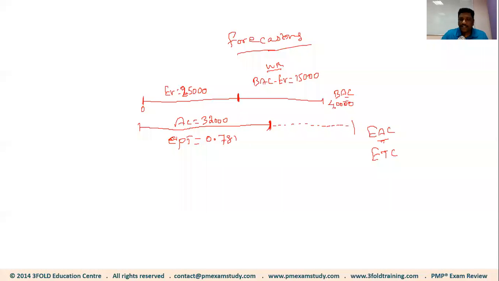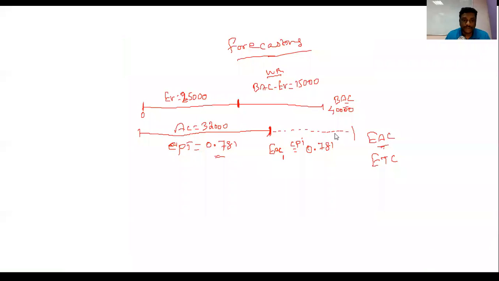The first assumption we take is that the past performance of the project will also continue in future, which means, let me say EAC1, that's the first assumption, the CPI for the remainder of the project will also be 0.781.